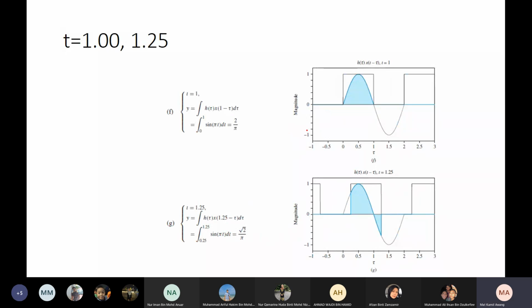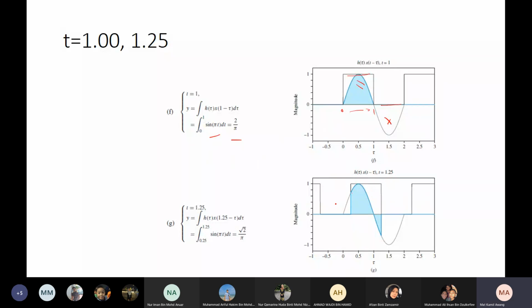The same thing when t equal to 1. When it's shifted to 1, only this one is overlapping with 1, and this one is overlapping with 0, so you don't calculate that one. The integration is from 0 to 1 of this, so you get 2 over pi.